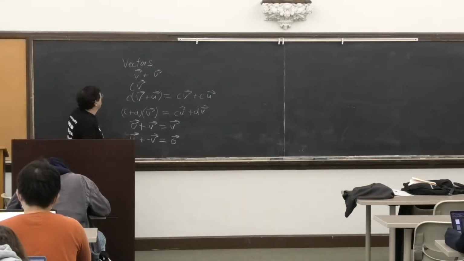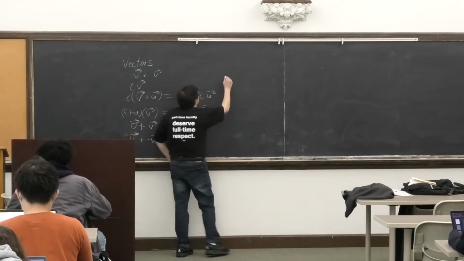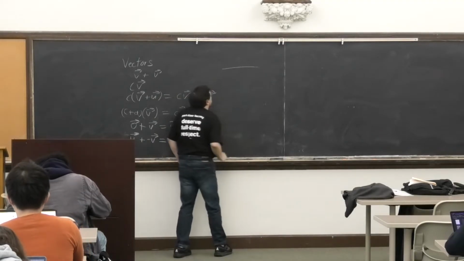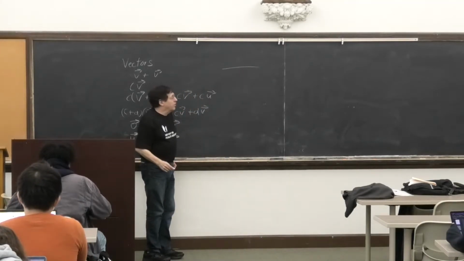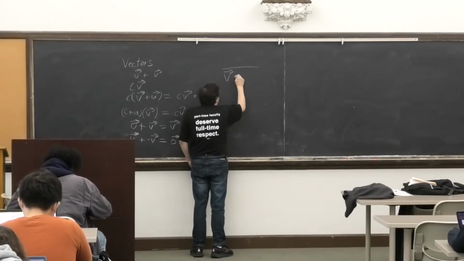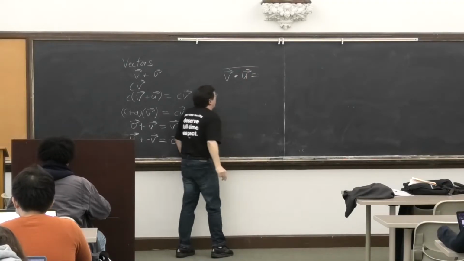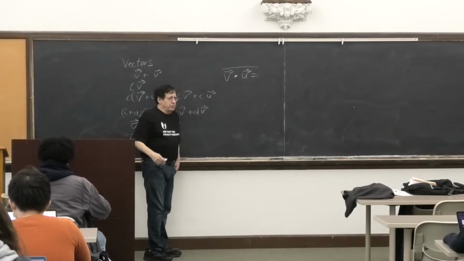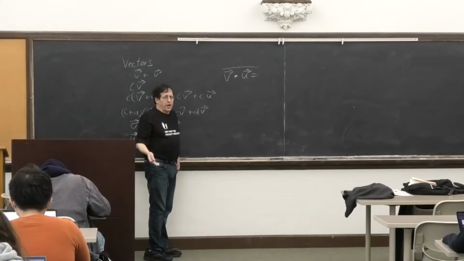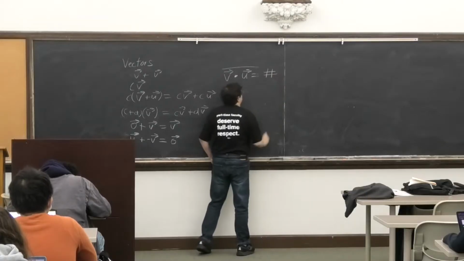It's not clear. It turns out that there actually are 2 different ways that we can multiply vectors. One of them we're going to look at. It's called the dot product. And the result of multiplying 2 vectors with the dot product is a number, not a vector.